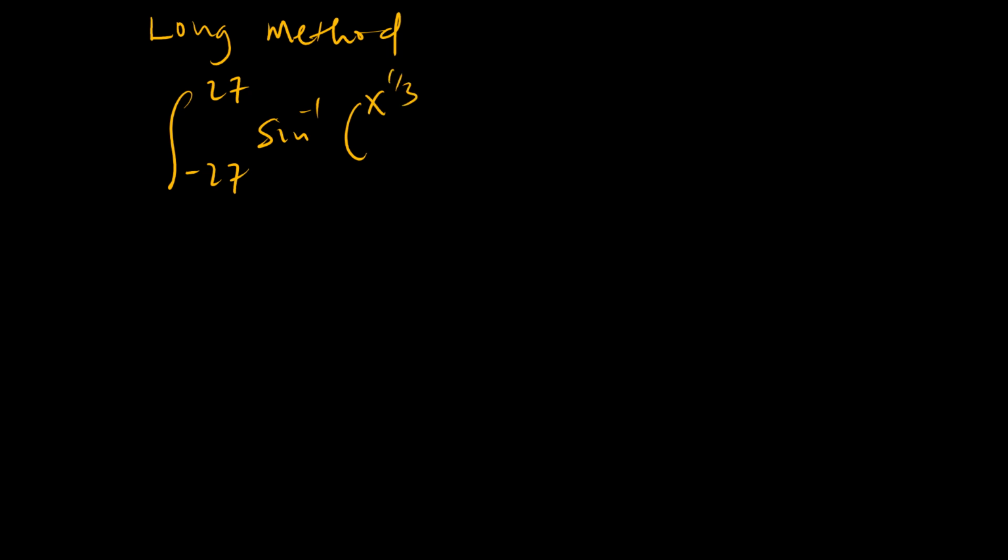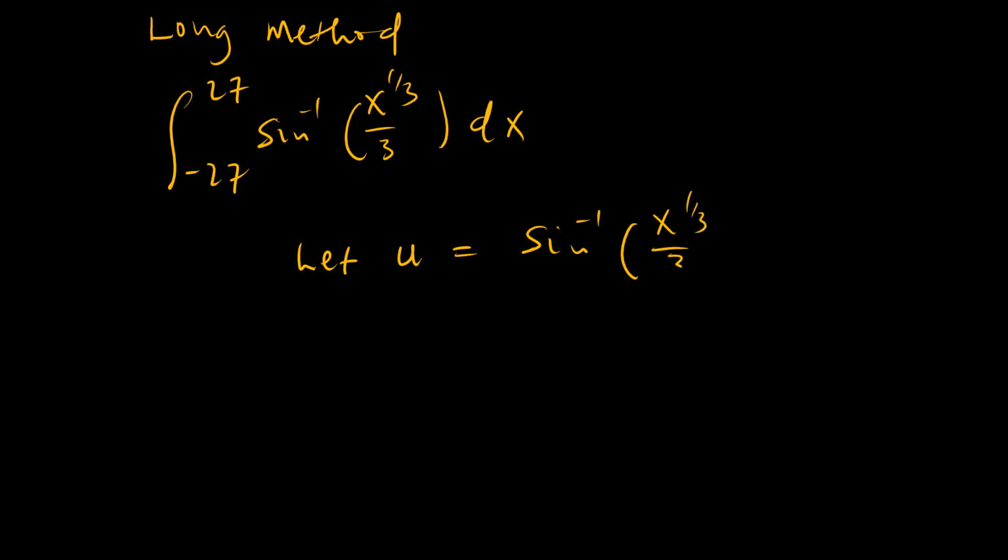However, we may as well look at the long method. If you say let u be equal to the arc sine of x to the power 1/3 over 3, then sine of u is equal to x to the power 1/3 over 3.